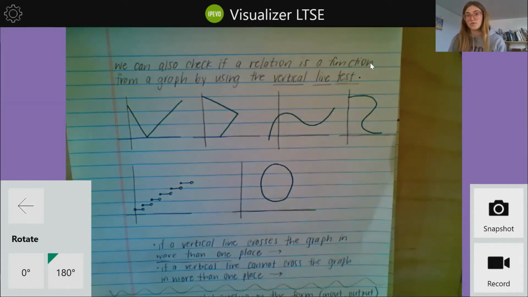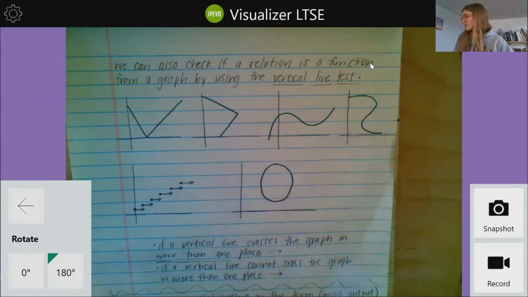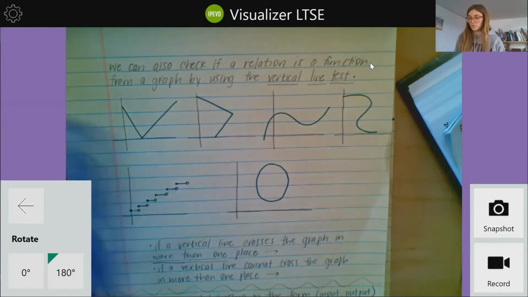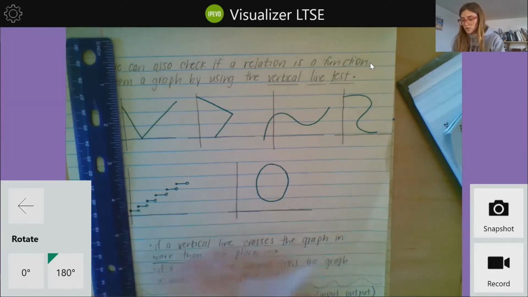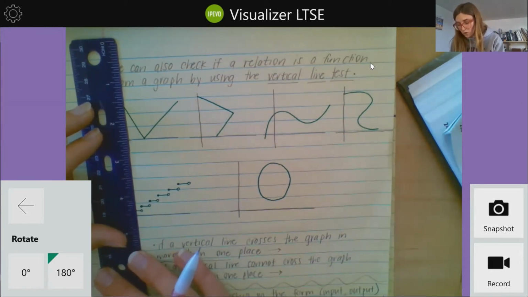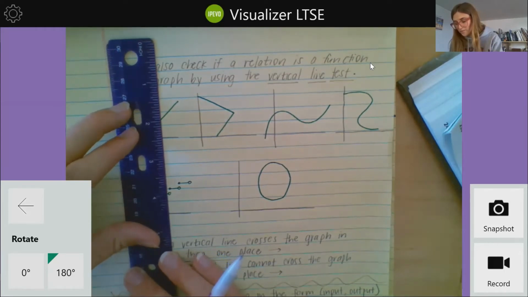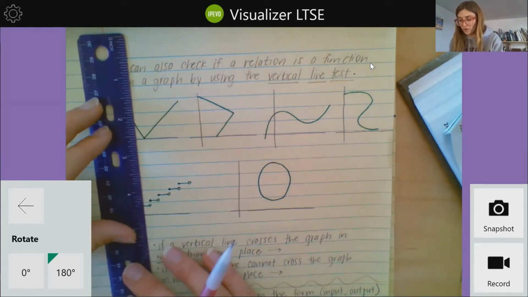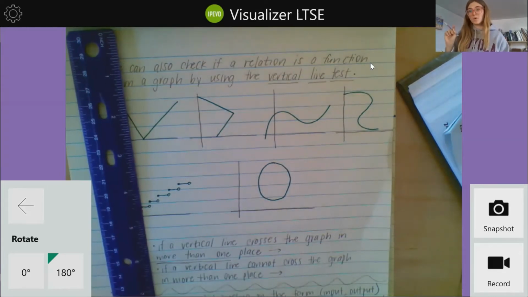So what we do with the vertical line test is we'll be given a graph. I have 6 different graphs written out here. You can take a straight edge, like a ruler, or you can use the side of a piece of paper. Basically, you take that vertical line and cross over the entire graph, and we're looking to see if that vertical line ever crosses 2 points at once.